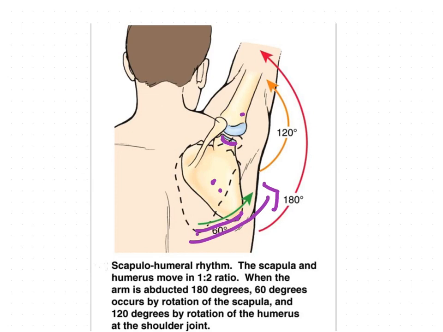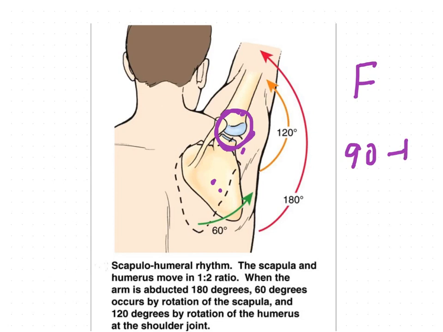The glenohumeral joint contributes 120 degrees of flexion and anywhere from 90 to 120 degrees of abduction, depending on individual structural variations.